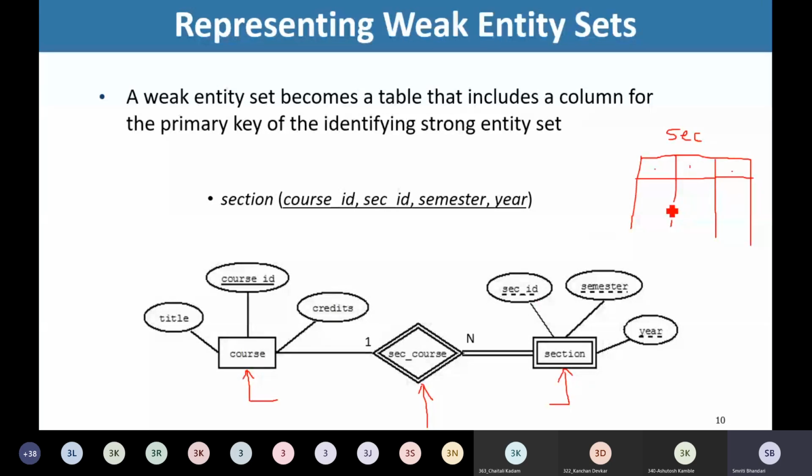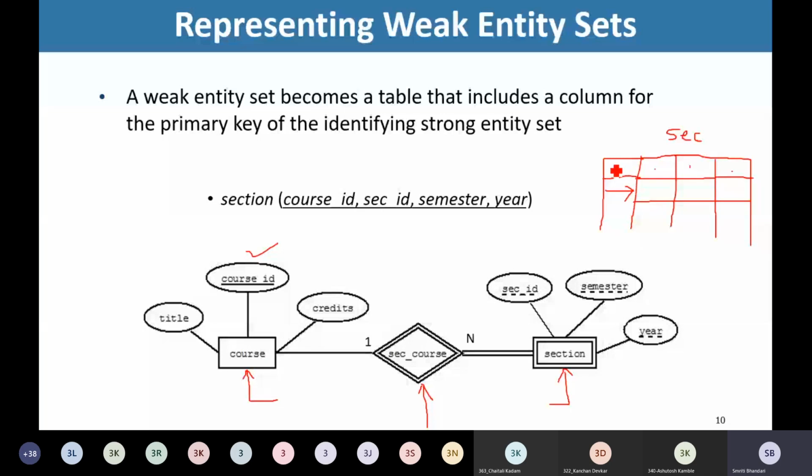So obviously, what I need to do is, if I want to locate a particular row in this table, I need to make use of the primary key of this course. So I will add one more column here, and that column will be the primary key of the strong entity set associated.